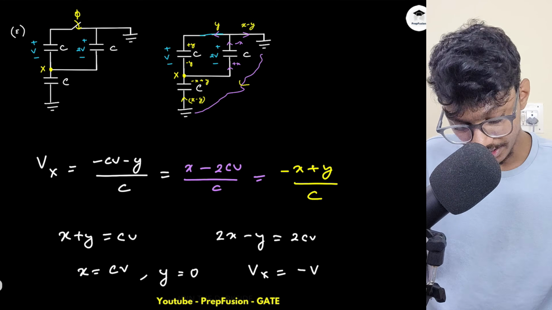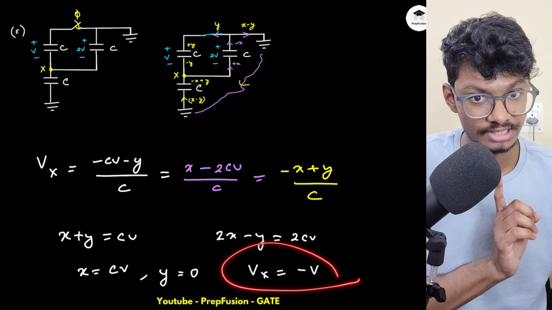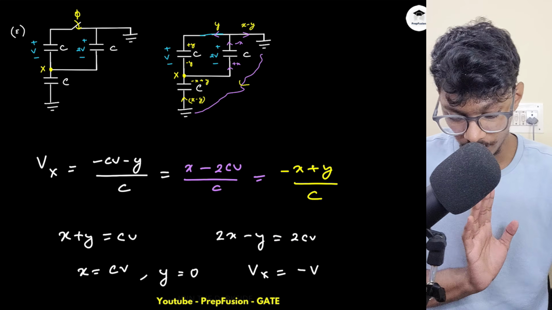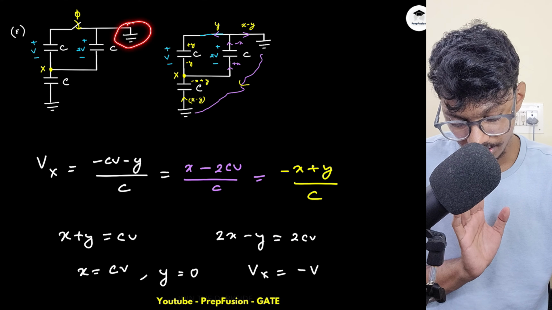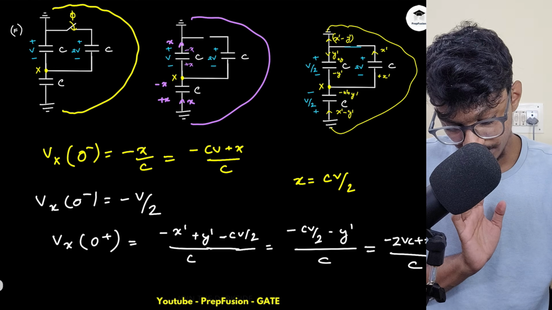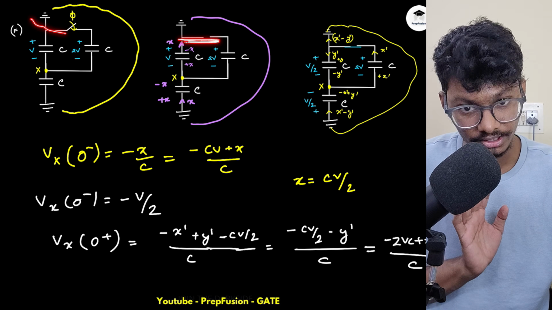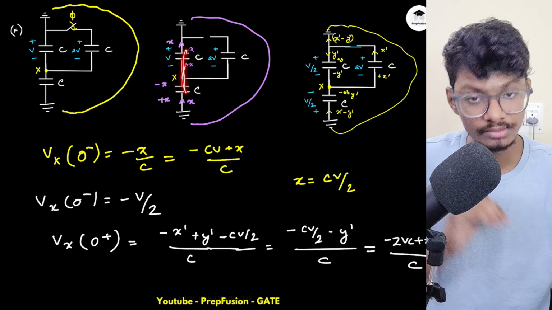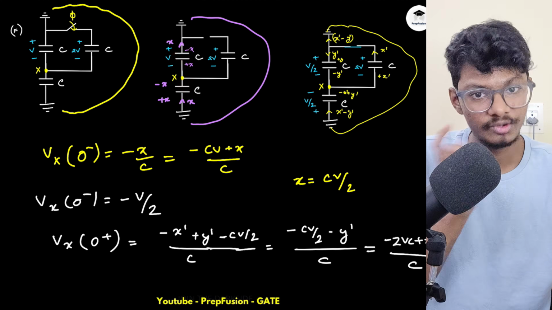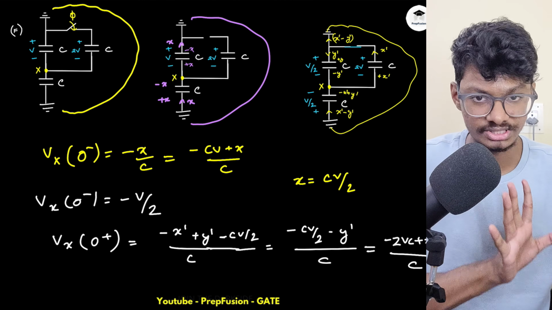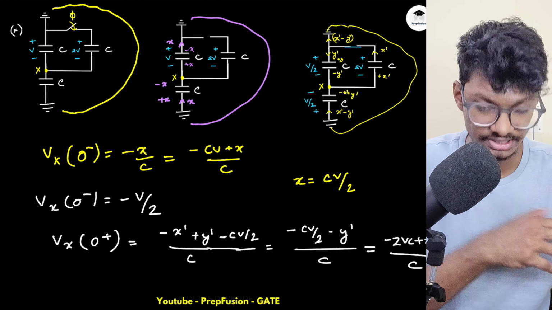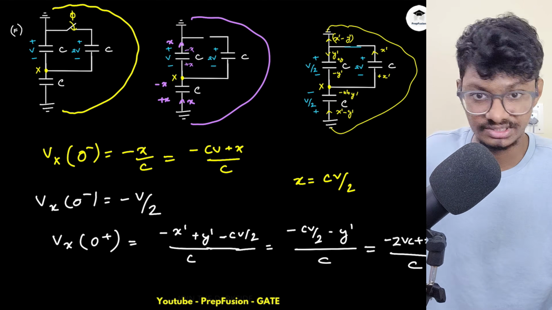So I come back to the same state just like the previous example. So Vx will be minus V only, because here also this node was grounded and here also this node is grounded, because this is shorted. The difference is that initially there will be some charge transfer between these capacitors, but finally overall the potential will be the same, because overall I only have these three capacitors and no energy dissipating element is present.